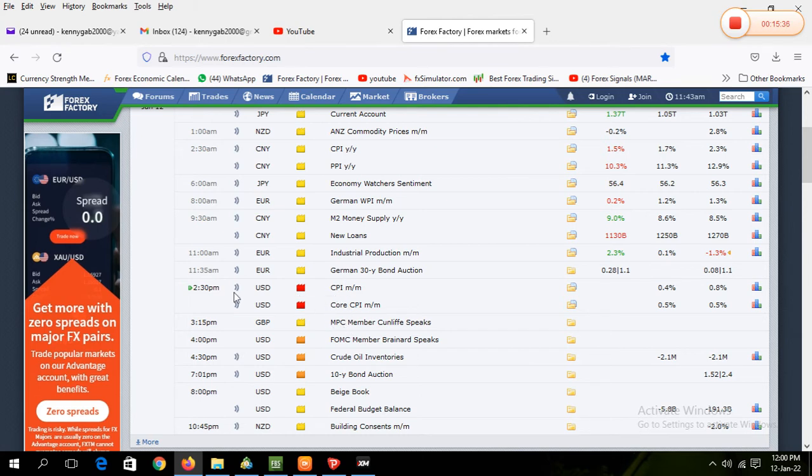Because USD, which is the major pair, is having CPI and it's in red color, that's news. That means high impact is expected. Yellow is low impact expected. All of them have impact, but the best one is the red.